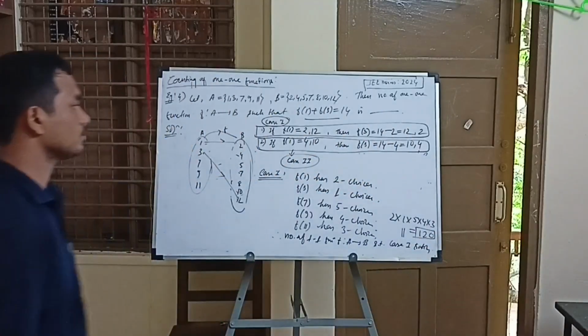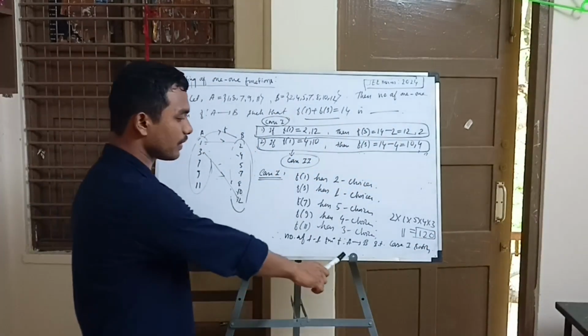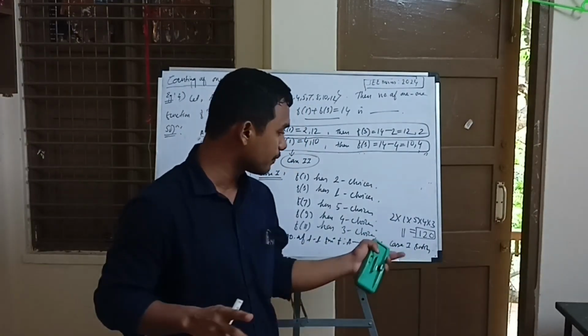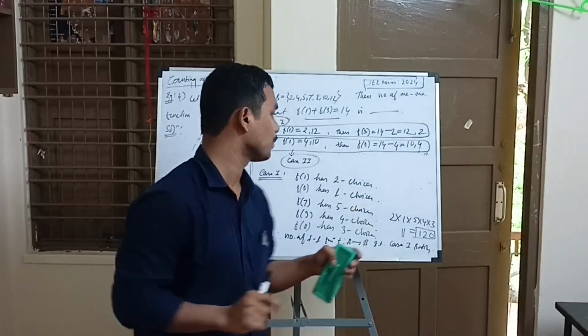Correct? The number of one-one functions satisfying case 1 is 120.